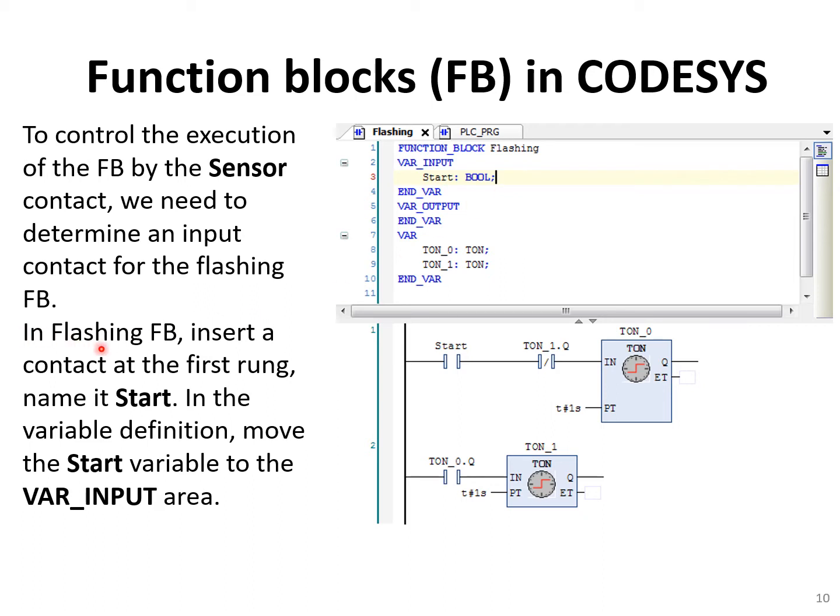In the flashing FB, insert the contact at the first rung, namely the start. In the variable definition, move the start variable to the VAR_INPUT area. Now flashing can accept one Boolean input and can be attached to the sensor.